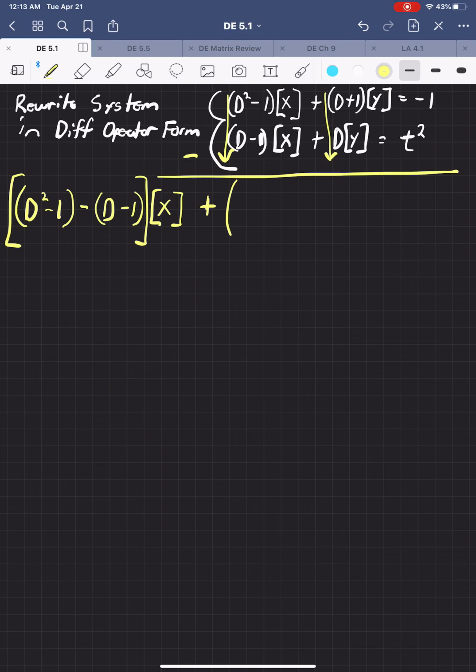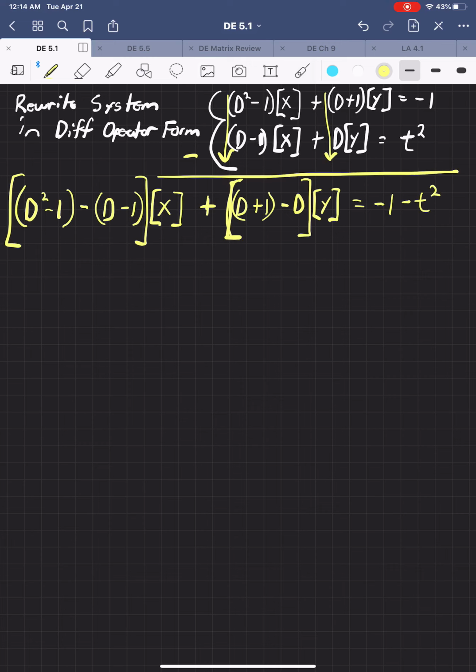So I would have D plus 1, and since I'm subtracting, I would want to minus D, and all of that would be in terms of y. And the last thing to do is just say negative 1 minus t squared.